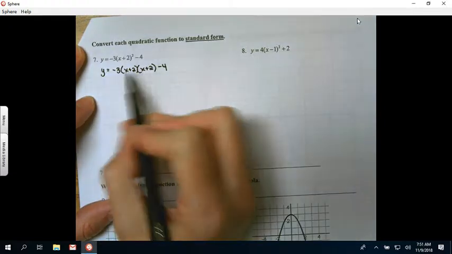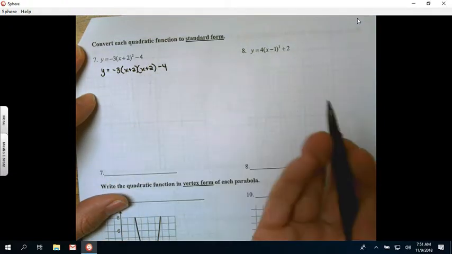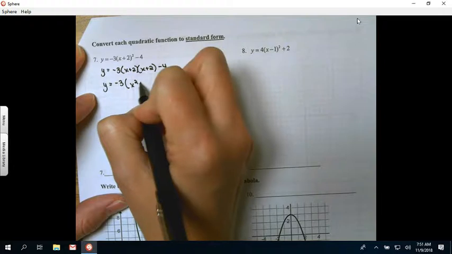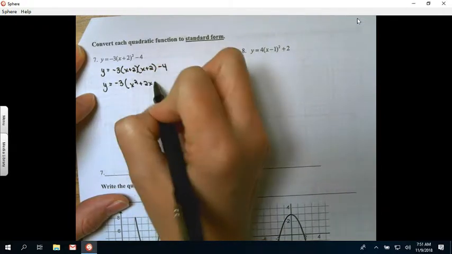Once I have this separated out, I need to FOIL or double distribute. So I'm going to do x times x, x times 2, 2 times x, and 2 times 2. I'm going to combine any like terms that I have inside the parentheses. So I have 2x and 2x gives me 4x.